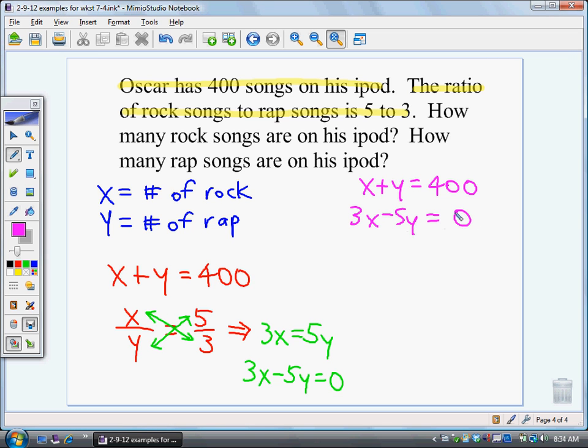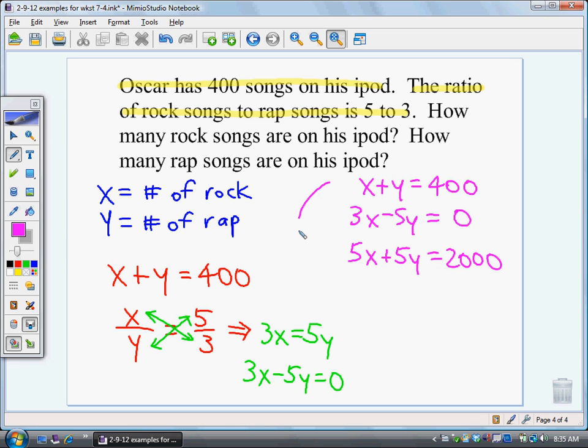You can do substitution, you can do elimination. I think I'll multiply the top equation by 5, and I'll get 5x plus 5y equals 2,000.